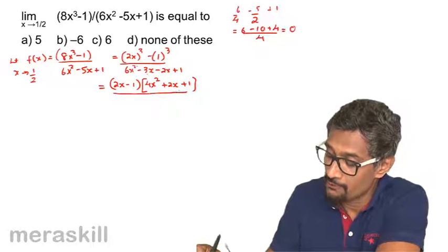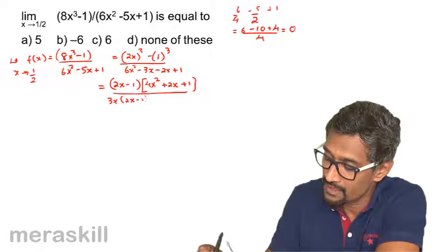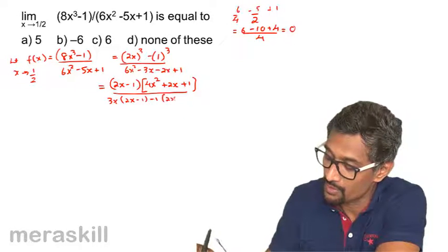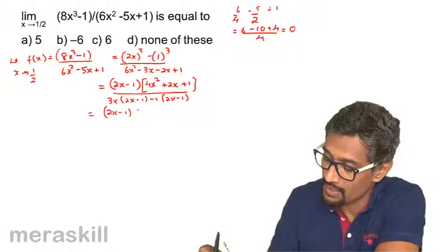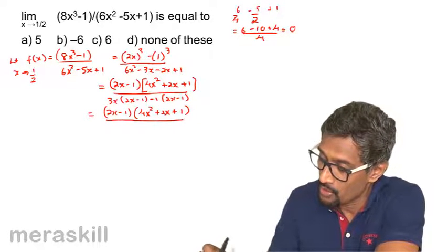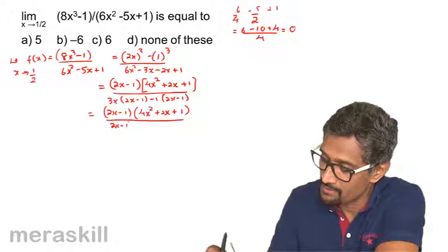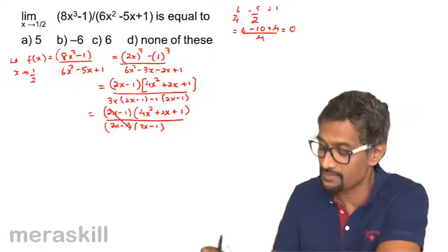And in the denominator, if you simplify it, you end up getting 3x into 2x minus 1 minus 1 into 2x minus 1. So that will give you (2x minus 1)(4x squared plus 2x plus 1) upon (2x minus 1)(3x minus 1). So this gets cancelled and you get this.